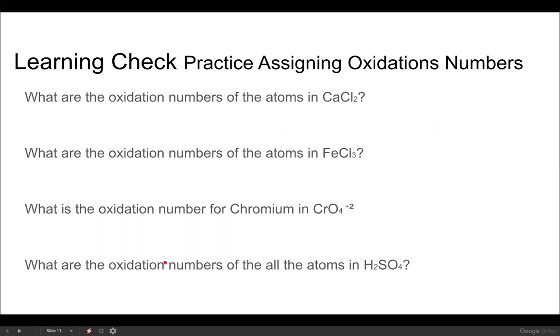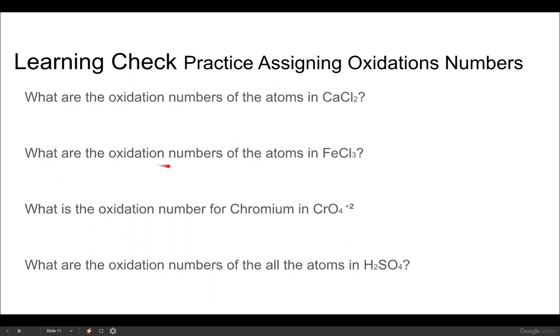On your structured notes, you're going to find various learning checks to practice our assigning oxidation number questions. We want you to go through these and make sure to fill them out on your structured notes, because this is how we're going to check your understanding. So please take a moment to do these. I'll read them to you. What are the oxidation numbers of the atoms in CaCl2?